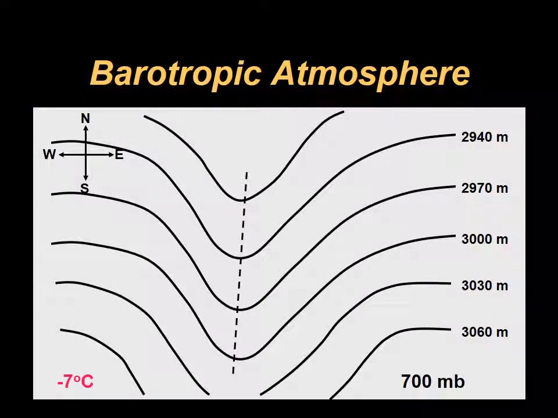And this is what it would look like if you're looking down on, for example, a 700 millibar chart. I know this looks kind of strange, where you have no isotherms, but this is what a barotropic atmosphere is. For example, everywhere on this 700 millibar chart the temperature is -7 degrees Celsius, as the red number says down in the bottom left-hand corner.